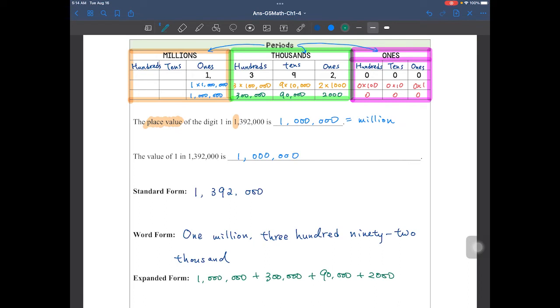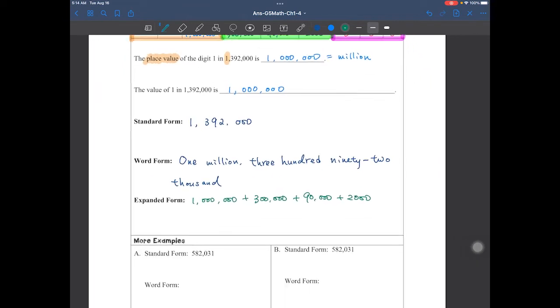And the expanded form is how the number can be broken down. A recap: a period is a group of 3 digits. We have ones, going from ones, tens, hundreds. We also go from thousands, and million, which also goes from 1, 10, hundreds.